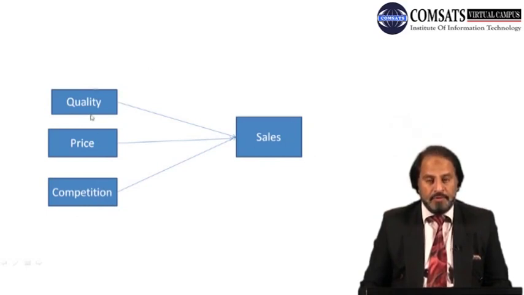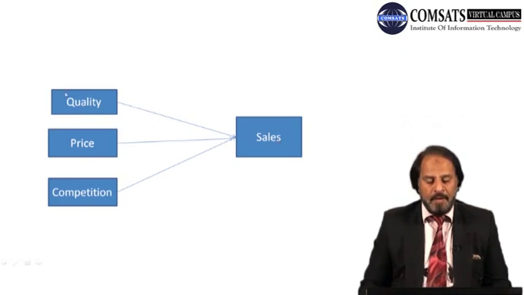Now, what I want you to look at is that here I'm using the words quality, price and competition, but if I qualify the word, as in bad quality or low quality, then the relationship between these two changes. If I use the words low quality here, the relationship with sales becomes a more positive relationship, meaning the lower the quality, the lower the sales is.